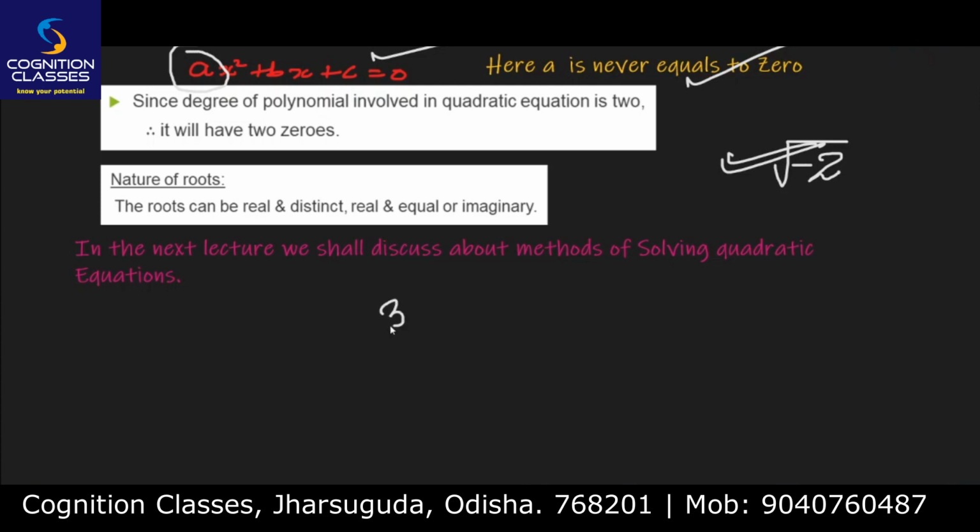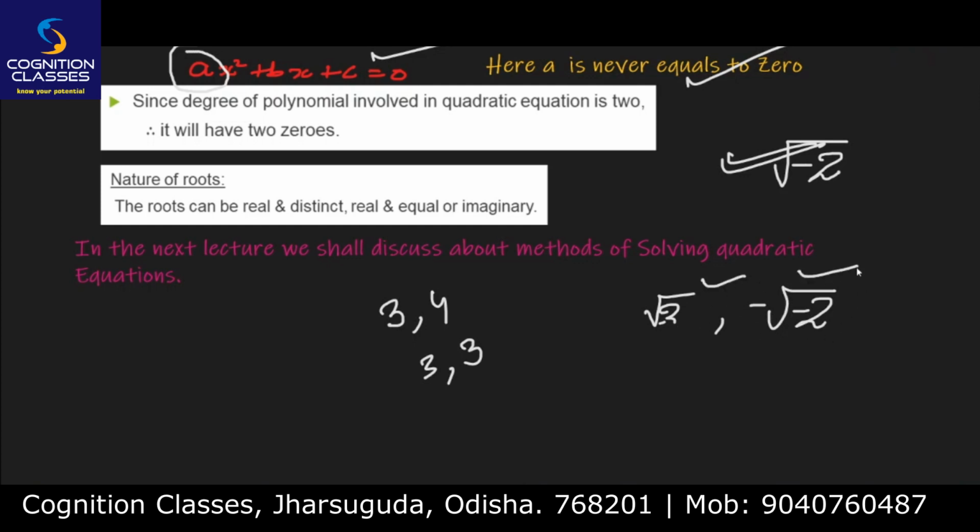For example, I can have a quadratic equation with two real and distinct roots, or I can have a quadratic equation with two real and equal roots, or I can have a quadratic equation with imaginary roots. You should always know that imaginary roots exist in conjugate pairs. That is, if one of the imaginary roots is under root minus 2, another one must be minus under root minus 2.